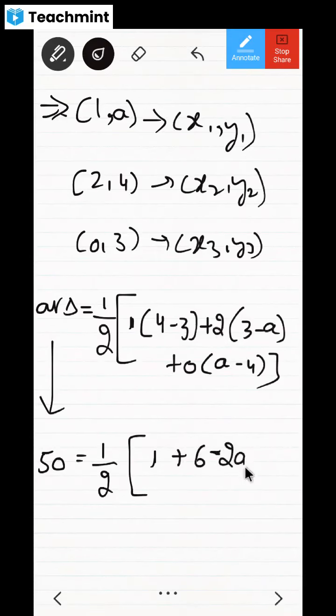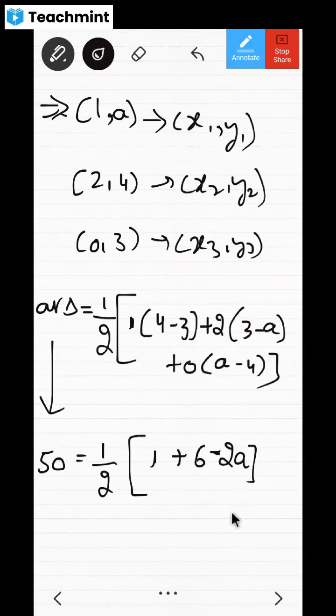Because I cannot simplify 3 minus a, we don't know the value of 3 minus a. That's why I'm multiplying 2 into 3, 6, and 2 into minus a, minus 2a. Understood?